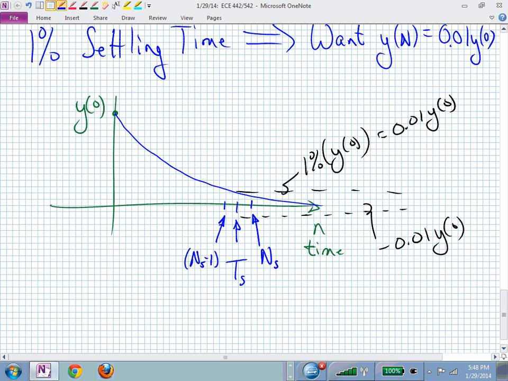We would have to over-specify the sample period because we only measure at discrete sample periods. Meaning we might calculate that N is 19.27. Well, if you want to get within 1%, you have to go to 20 samples. You have to go beyond that fractional sample period.